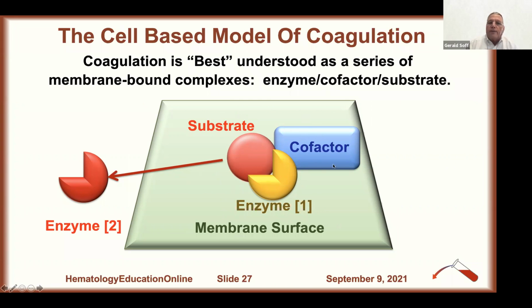There's a cofactor that anchors the complex, an enzyme that forms part of the complex, and a substrate. Each of these complexes in the coagulation system has a cofactor, enzyme, and substrate. I call this enzyme 1 because it cleaves the substrate, which becomes a new enzyme, enzyme 2, and that will then work at the next stage of the clotting system. So we're going to talk about this a little bit.